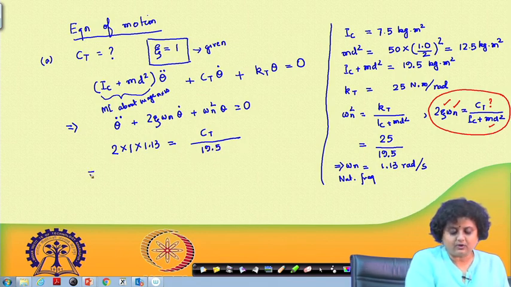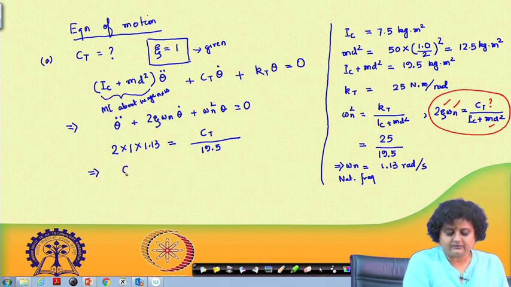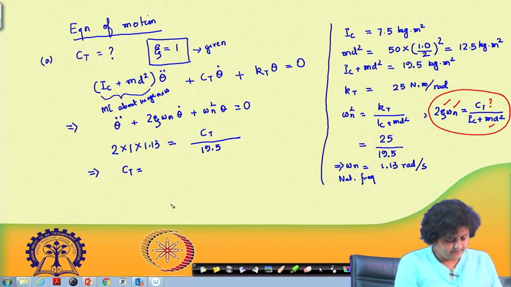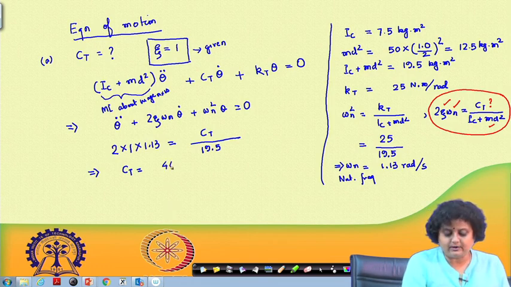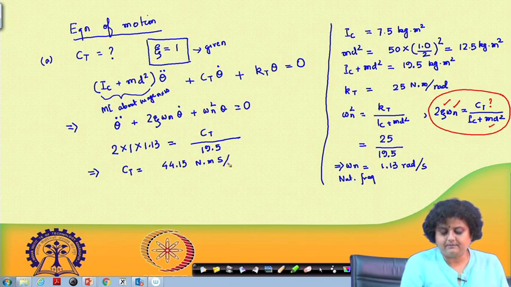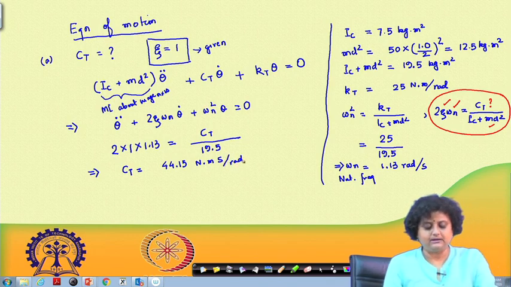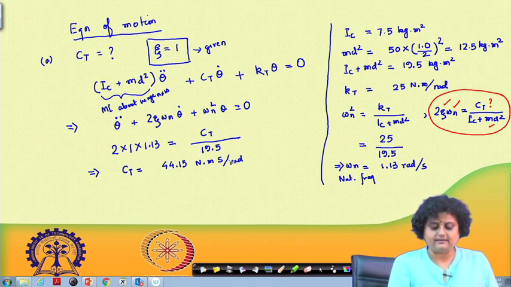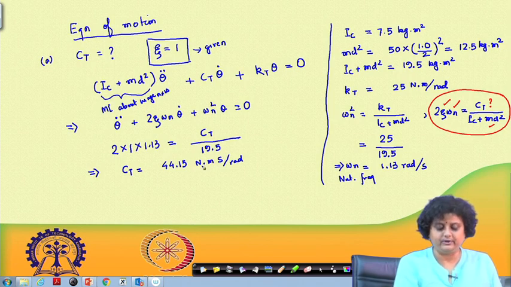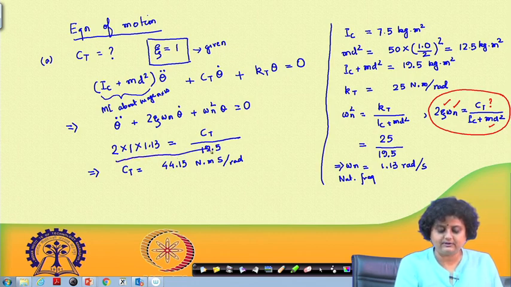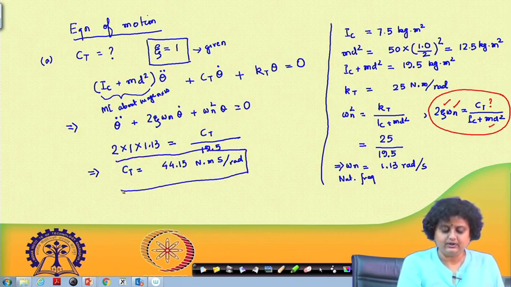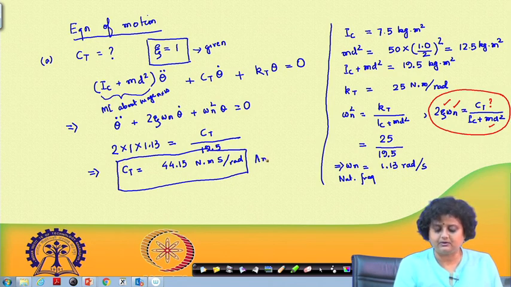If I solve this expression, Ct turns out to be 44.15 and the unit is Newton meter second per radian. So, when I multiply Ct by theta dot, the second per radian will cancel out and I will have the unit for a moment. So, Ct theta dot is a moment and therefore it is dimensionally correct. This is the answer for the first part of the problem.